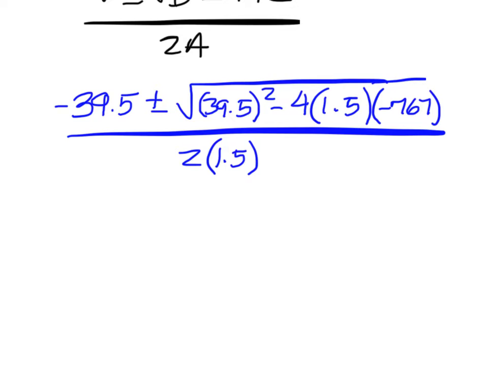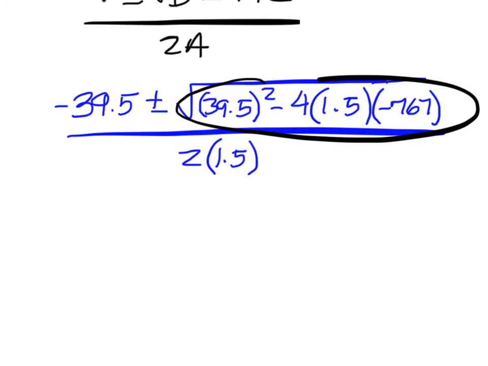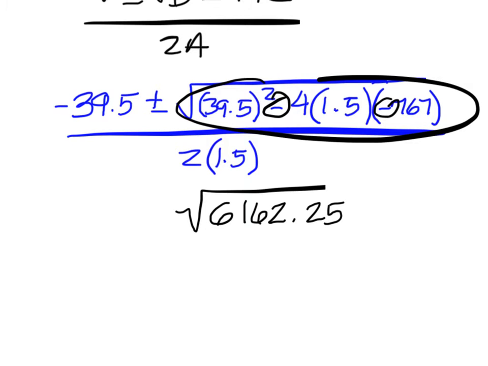So simplify underneath first in here. So you have 39.5 squared, and since you have a double negative, here is the same as adding the quantity of 4 times 1.5 times 767. And that comes out to be 6162.25, and that's still under the square root sign. Everything else stays the same.